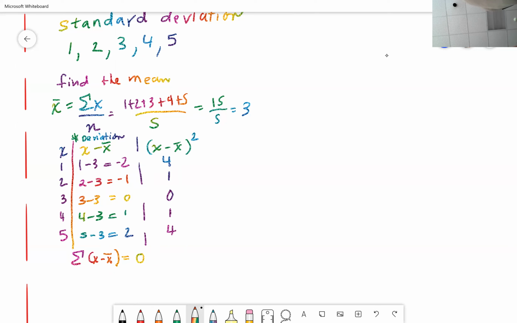These are called squares, or square deviations. Then down here, we add them up. This is also called our sum of squares. 4 plus 4 is 8, plus 1 is 9, plus 1 is 10. We get 10.